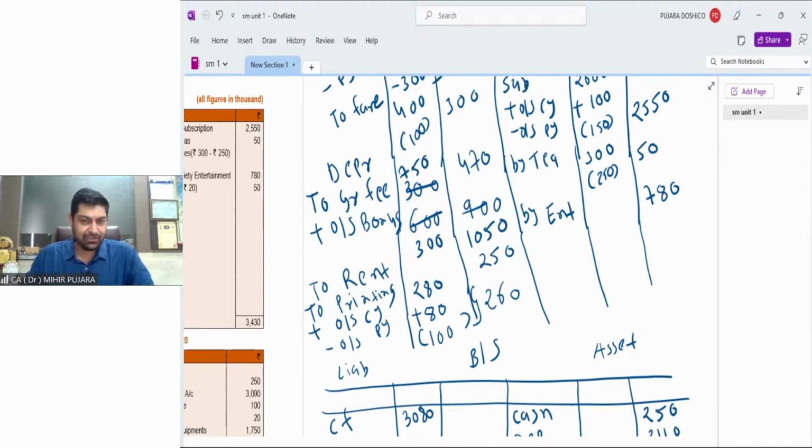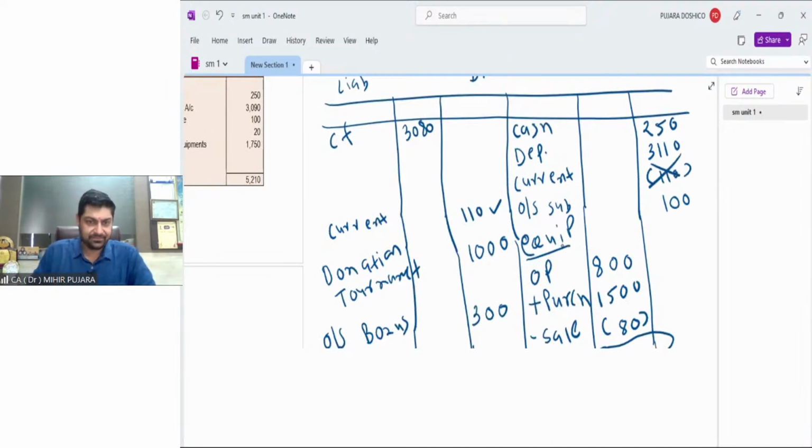And don't forget to write this 100 in balance sheet liability side. Don't forget to write this 80 in balance sheet liability side.